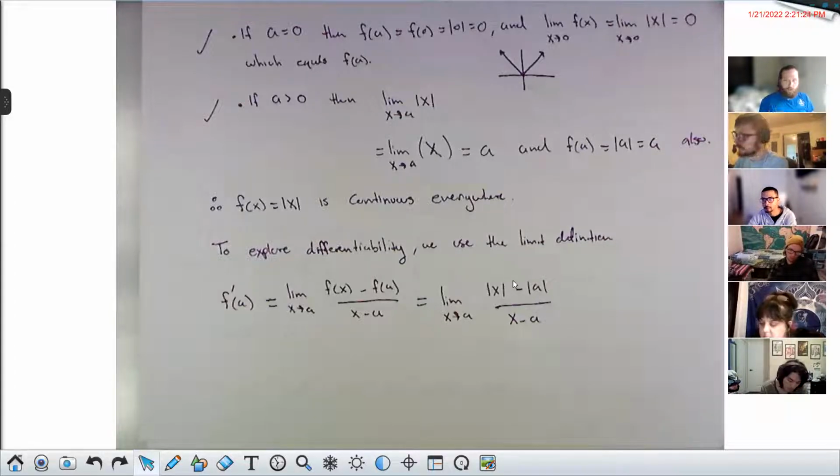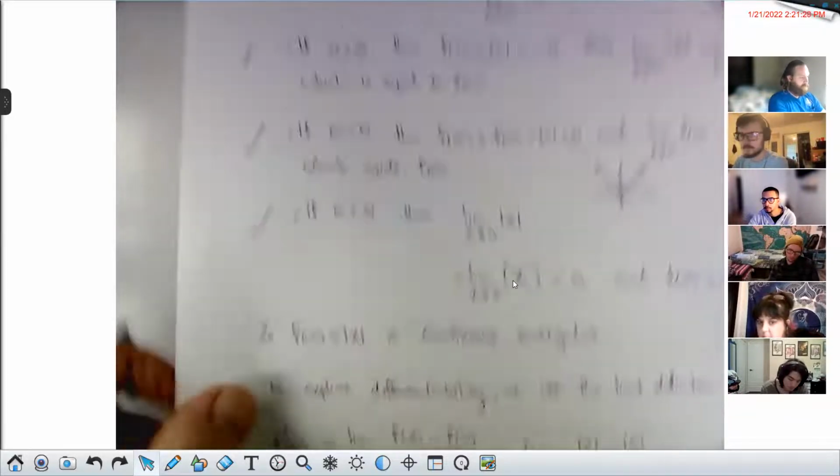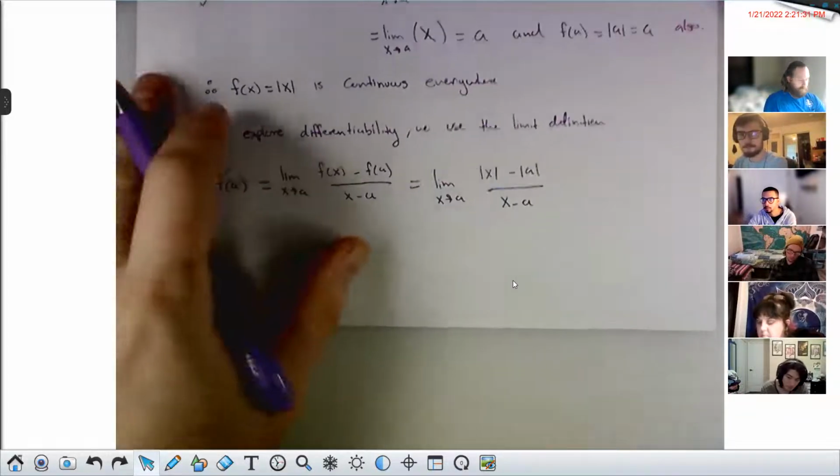And again, we consider three different cases: if a is positive, negative, and 0.